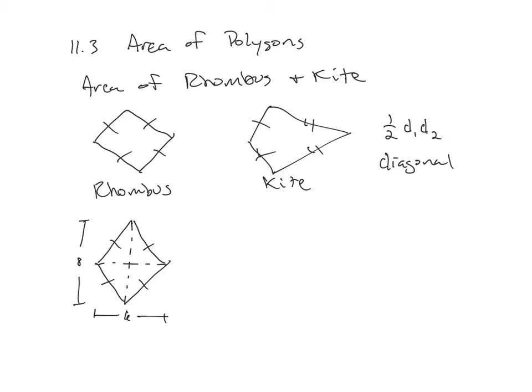So you could see it like 4 and 4 and 3 and 3. So then you just add them together. So very simply, 1/2, 8, 6.